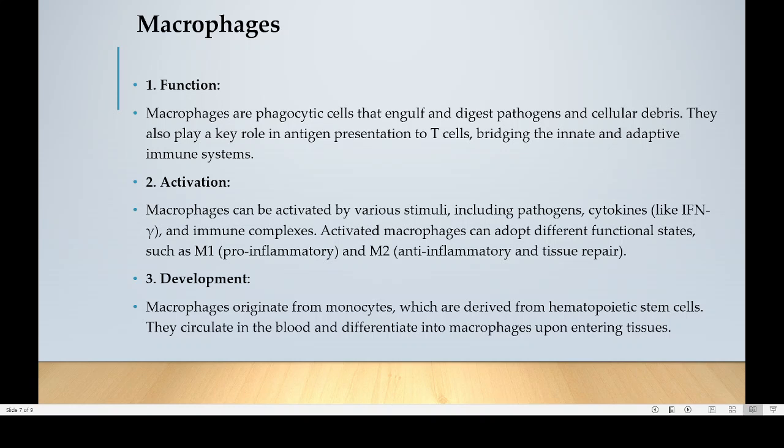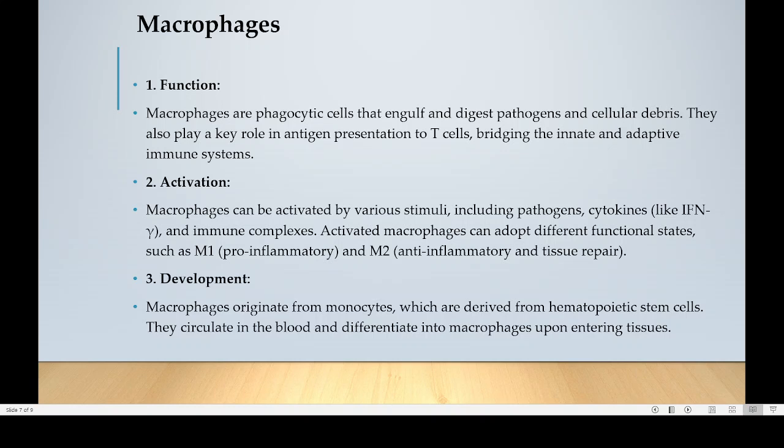Then activation. Macrophages can be activated by various stimuli including pathogens, cytokines and immune complexes. Immune complex means a complex formed between an antigen and antibody. Activated macrophages can adopt different functional states such as M1 and M2. These are the two different types of functional states that we can find.